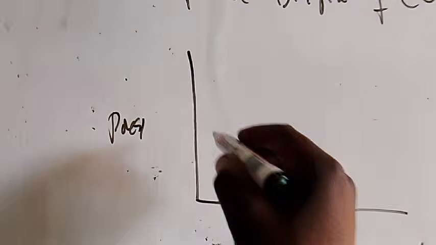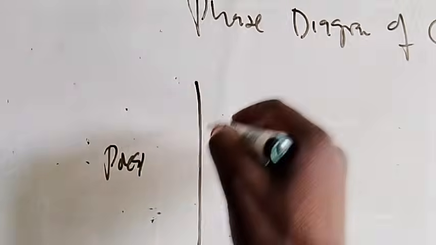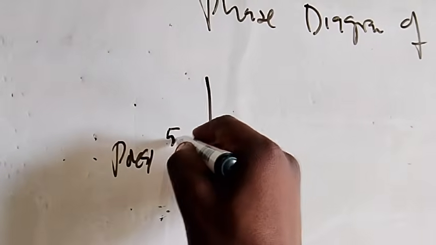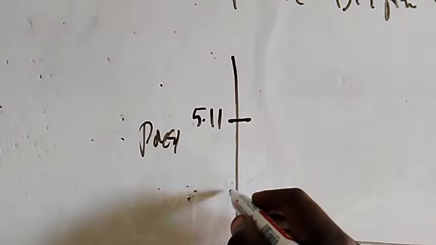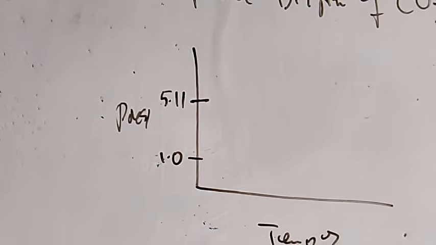We shall compare it to that of water. So we have temperature, then pressure. Okay, so for CO2, we have 5.11 there. Then 1.0 is somewhere there, pressure.